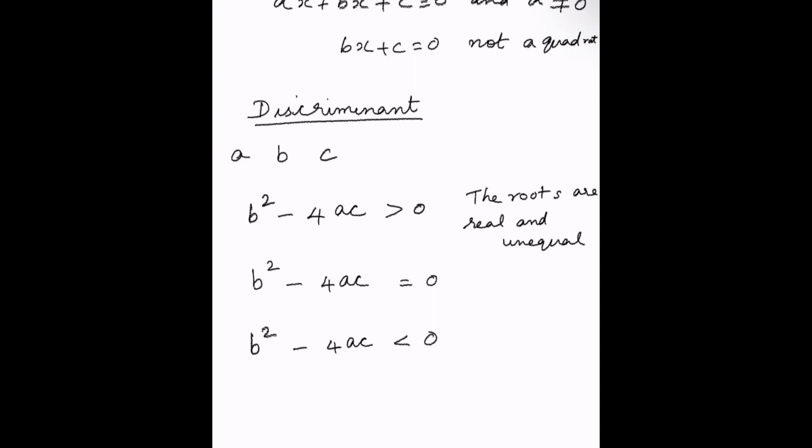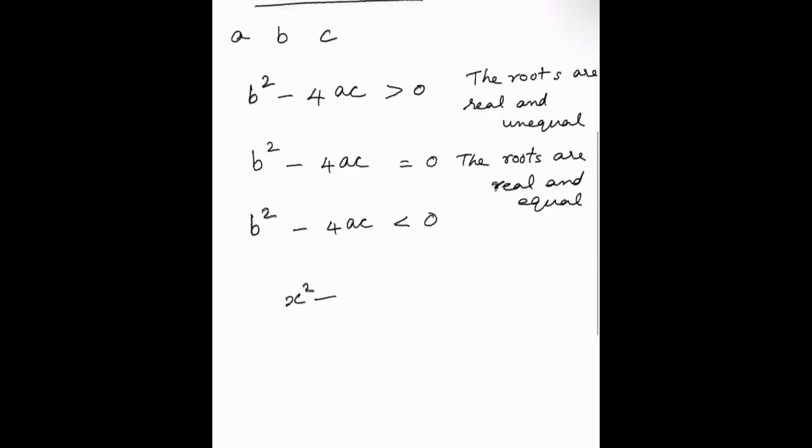Now, b square minus 4ac equal to 0 means the roots are real and equal. Sometimes you get an equation like x square minus 4x plus 4 equal to 0. Look at this quadratic equation. This is nothing but x minus 2 the whole square equal to 0.